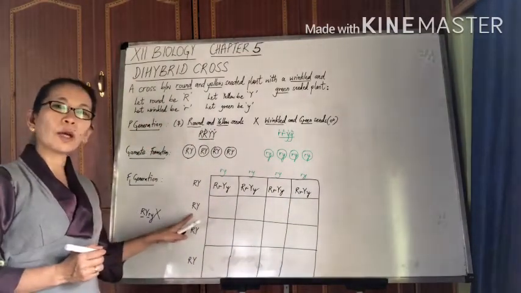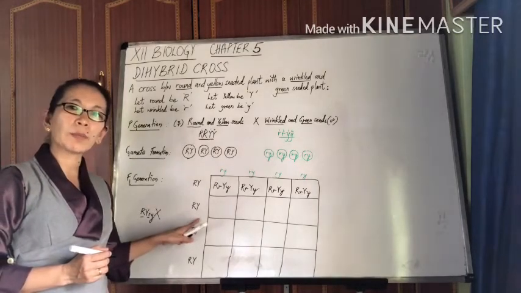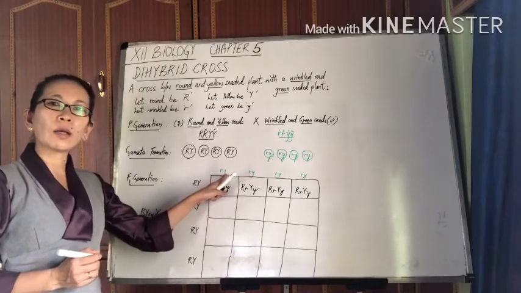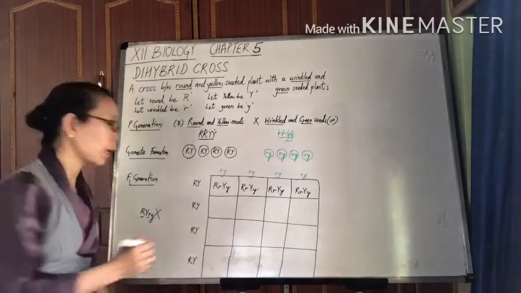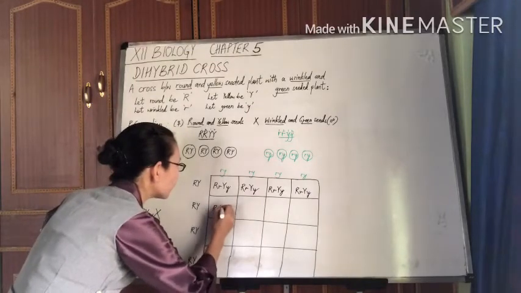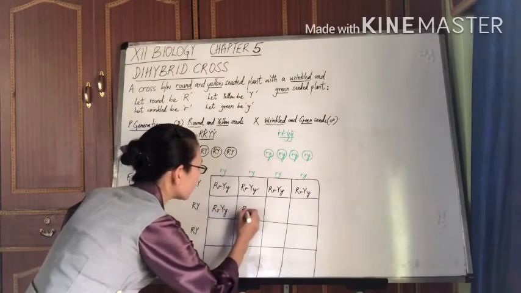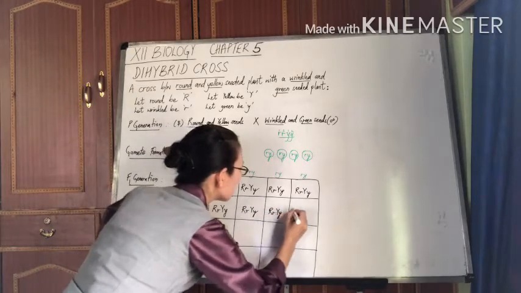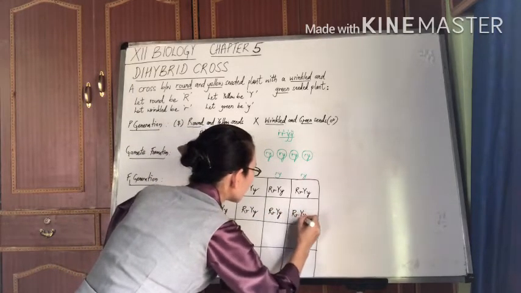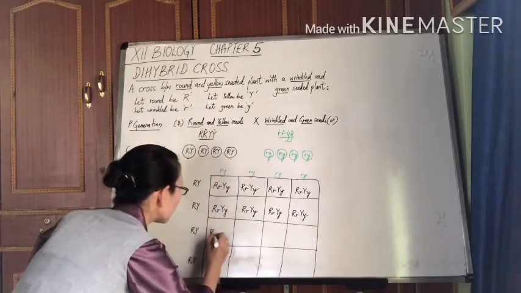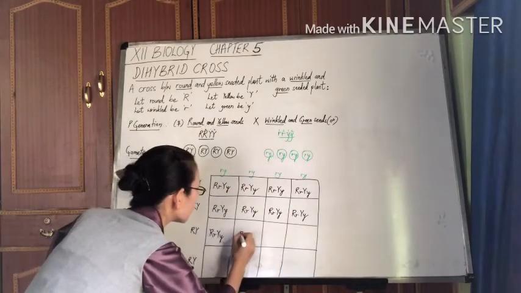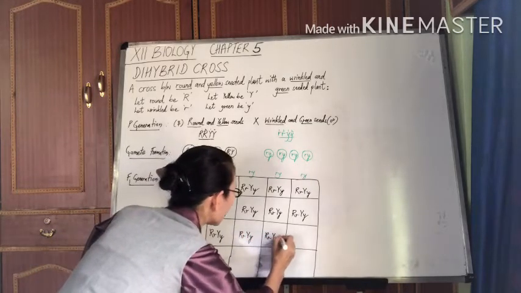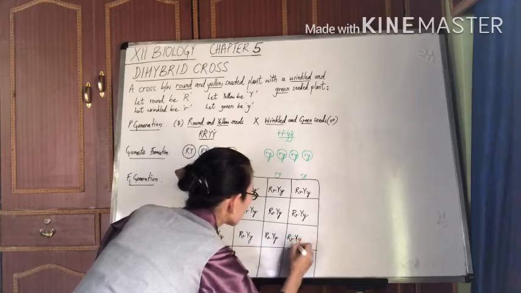Now in the second row, again the female gamete is the same type, capital R, capital Y, and the male gamete is small r, small y. So what we can guess is that we are basically achieving the same genotype, because you have the same gametes always contributed from the male as well as the female parent.